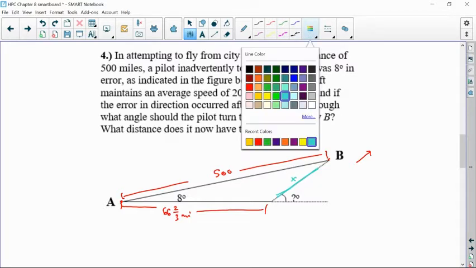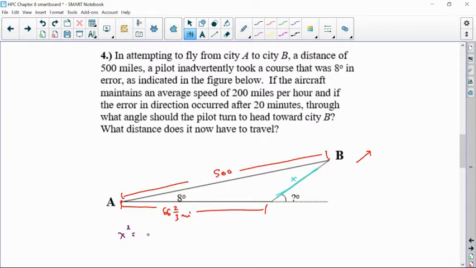So I'm going to use law of cosines first. I'm going to say, okay, x squared is equal to 66 2/3 squared plus 500 squared minus 2 times 66 2/3 times 500 times cosine of 8 degrees. And that'll give me at least x.